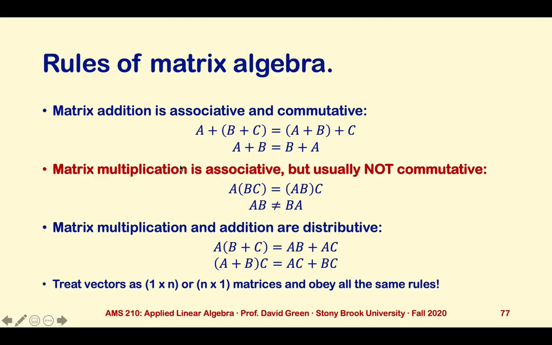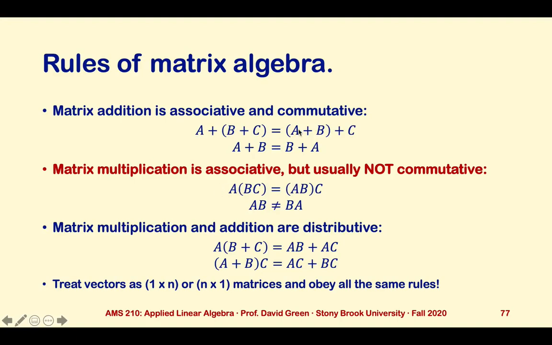However, matrix multiplication is associative. If we take B times C and then multiply it by A, with A on the left, that's the same as multiplying A times B and then multiplying by C, with C on the right.